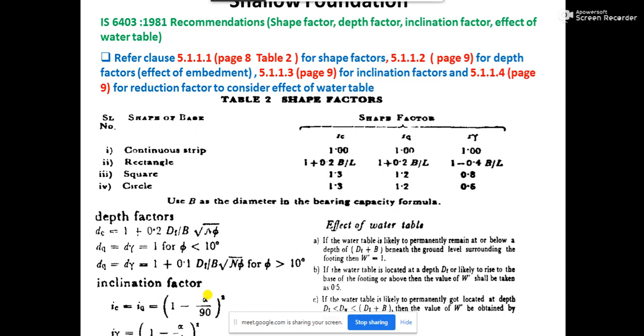So the inclination factors ic, iq, i gamma are the factors used in Terzaghi's bearing capacity equation, or in the modified forms of different bearing capacity equations, to take care of the inclined load acting on a column. Is it clear?